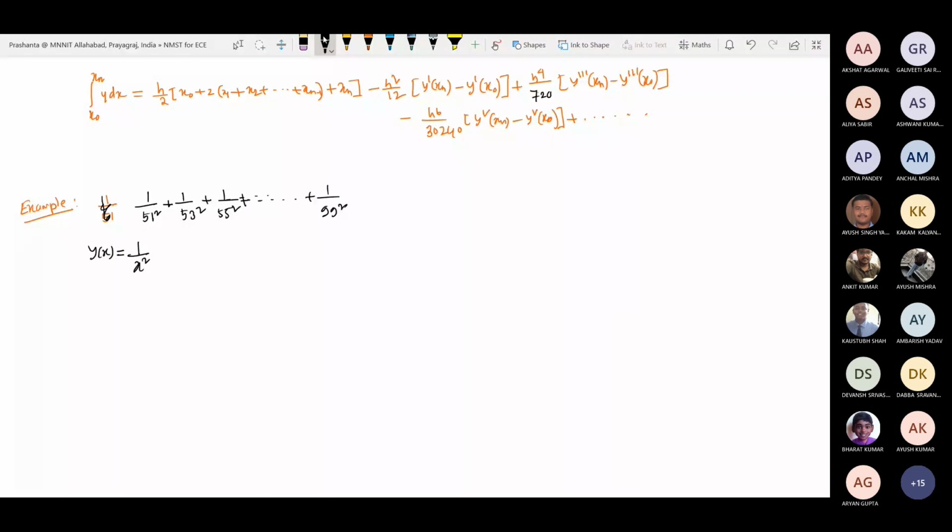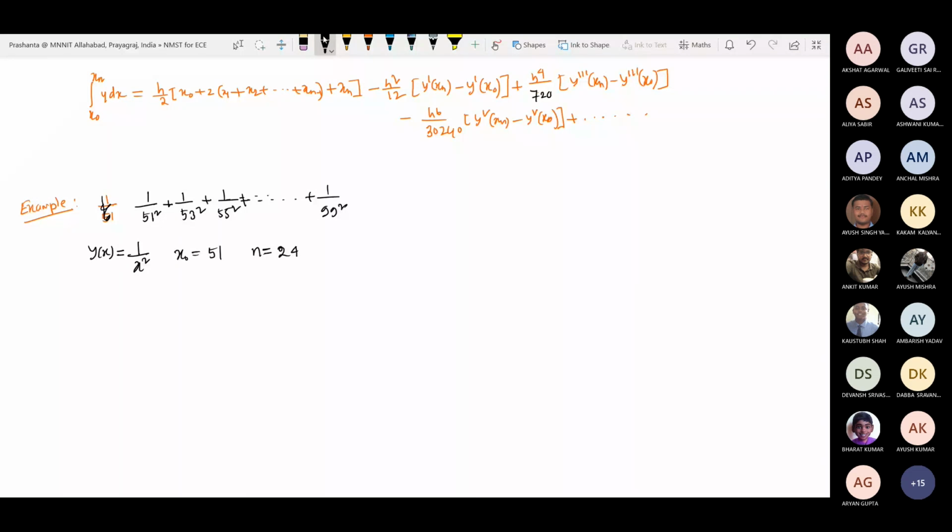So x naught is 51, and for 25 numbers to be added, n has to be 24 because it is starting from x naught. So n equals 24, since 0, 1, 2 up to 24 gives you 25 numbers.